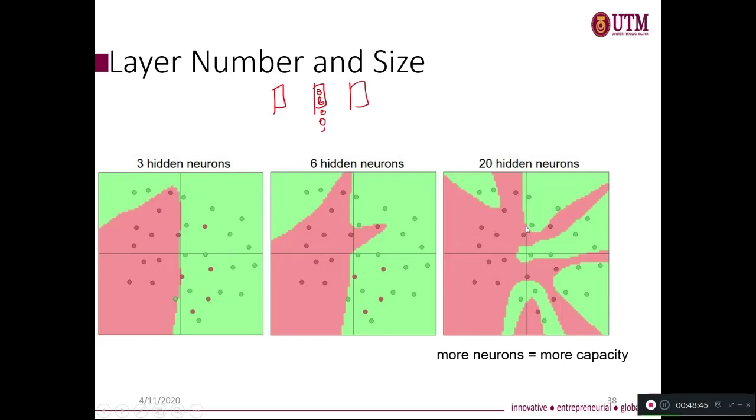Now the border will become very strict and rigid. It might be something like this. Sometimes it can go up into this one. If you increase the neurons, the border can be something like this. It's very strict in decision making.